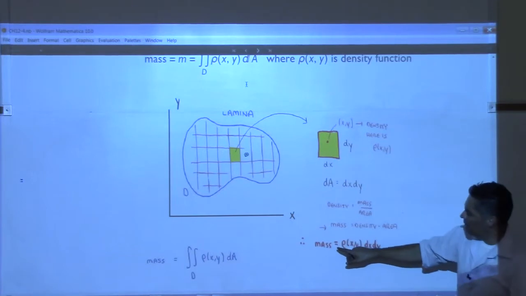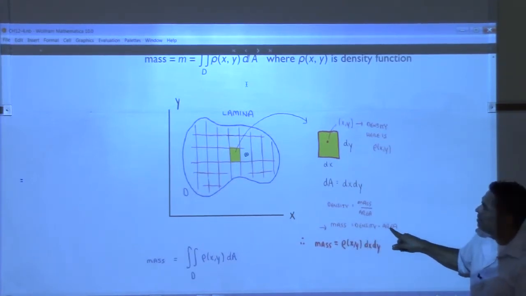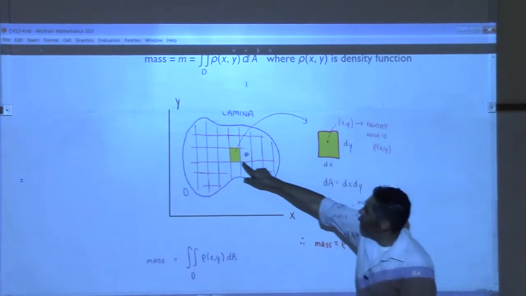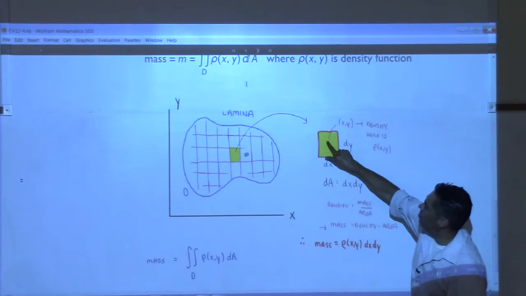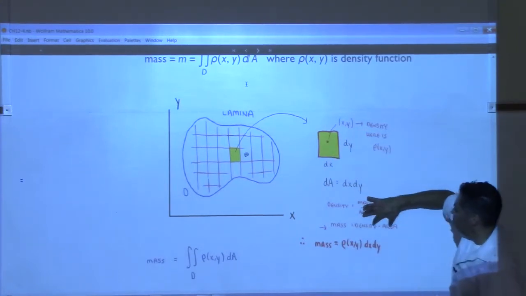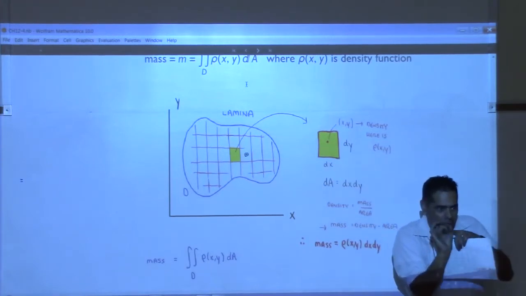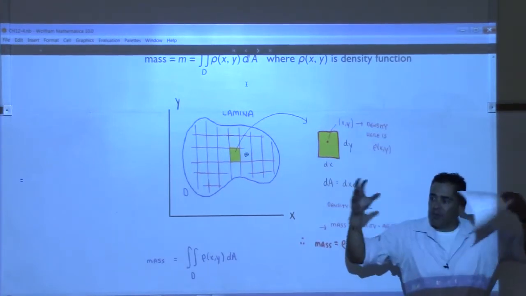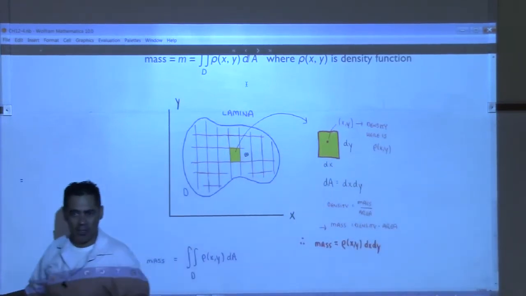All I have to do to figure out mass is take your density and multiply it times the area. So I take some little infinitesimal patch, that's the area, and then take a point in there, figure out its density, multiply the two together, and that gives me the mass of that little piece. Then I want to add them all up, and if I can, I'd have the mass of the whole object.